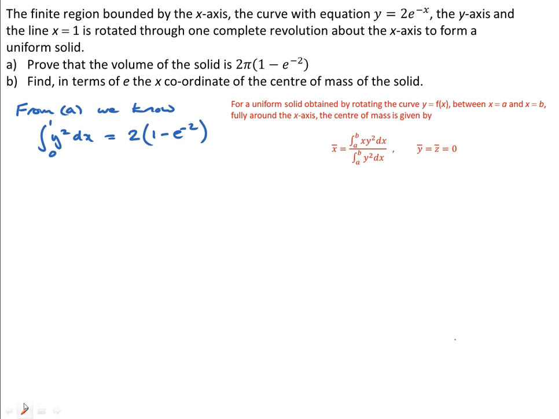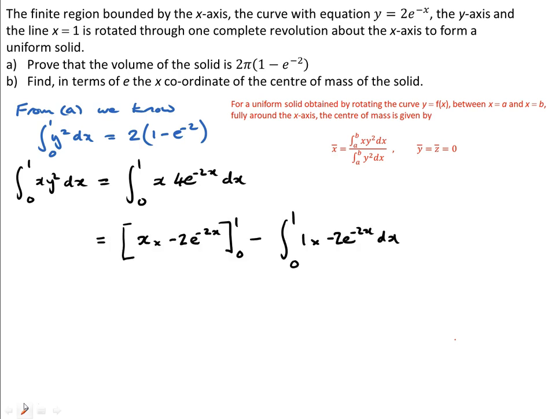For the numerator, we need to work out the integral between 0 and 1 of x y squared. So that is the integral between 0 and 1 of x times 4e to the minus 2x. To integrate this, we're going to need to use integration by parts.